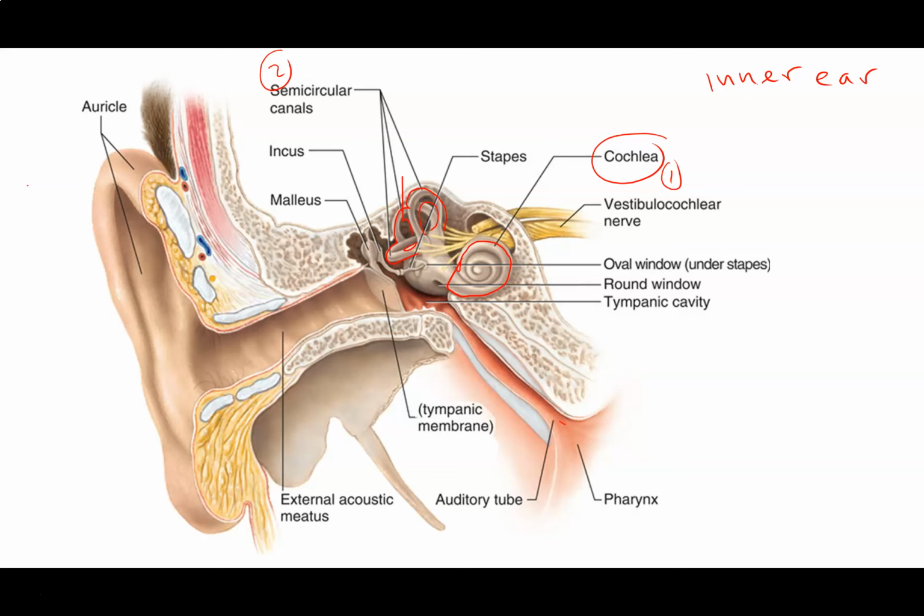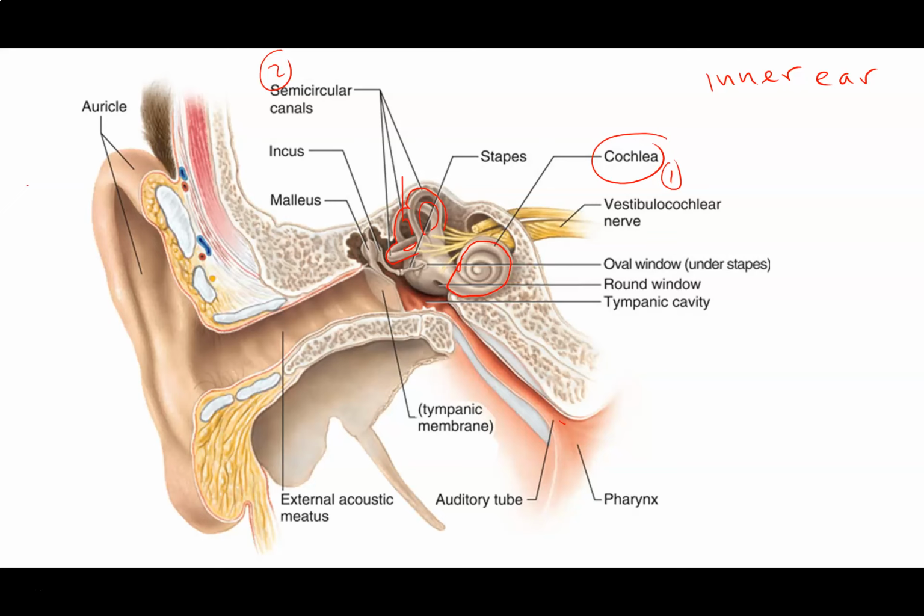Right? So if you're familiar with like an XYZ axis, each one of these semicircular canals is oriented on a different plane. One is oriented vertically, another horizontally, another running forward from anterior to posterior.